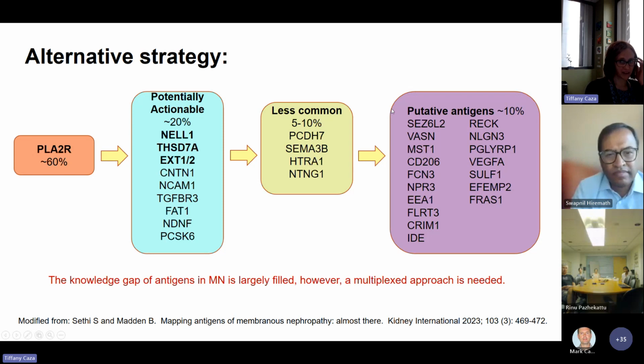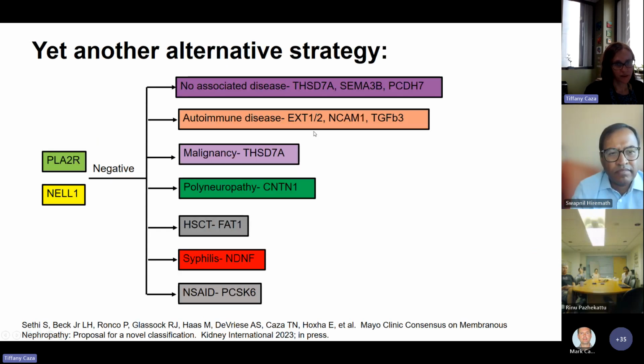And for the remaining, I think we need further data. So in looking for potentially actionable types of membranous, those antigens are important due to the potential etiologies that we were describing.